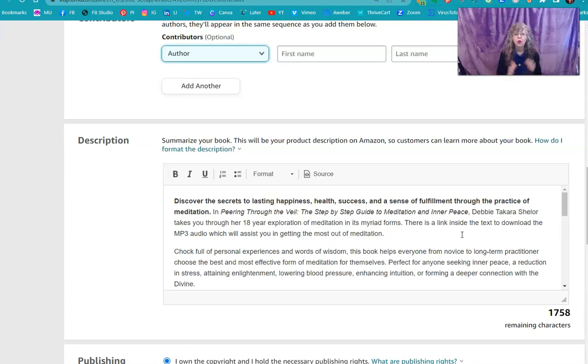Regardless, okay? You want to put in there words that people are going to search so that they can find your book. And you make sure that the words that you use are truthful about the book that you're presenting to the world, okay? But you want it to be compelling. This is prime real estate. This is really important copy. If you don't know how to write sales copy, if you don't know marketing, if you haven't studied all of that stuff, I'm sure you can go to Fiverr and get someone to do a description for you.